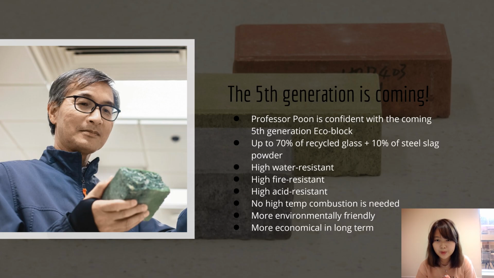But Professor Poon from PolyU is confident about the coming 5th generation eco block. He mentions that there is up to 70% of recycled glass and 10% of steel slab powder, which can sustain high water, fire, and acid resistance, and no high temperature combustion is needed in the process, and it will be a more environmentally friendly and economical eco-block.